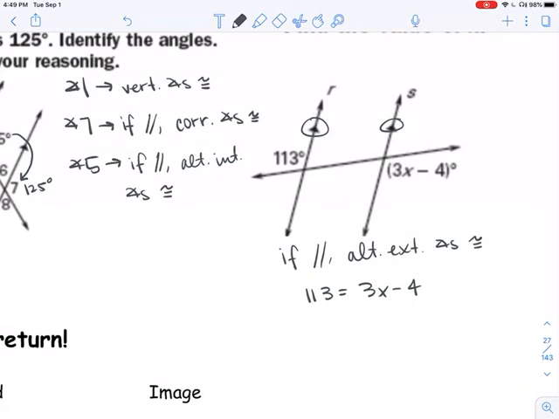So if I add that 4 over to the side, I end up with 117. And 117 divided by 3 will give me 39.